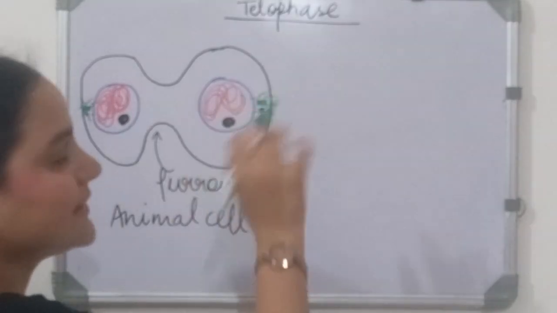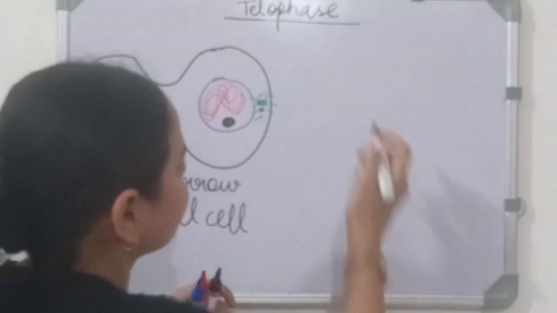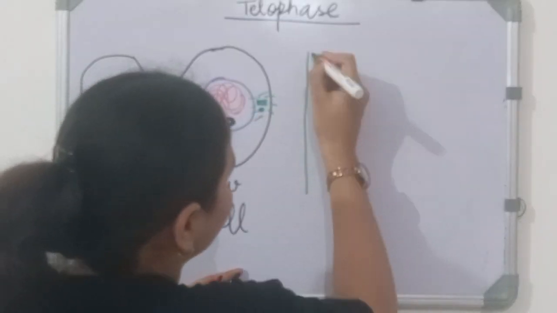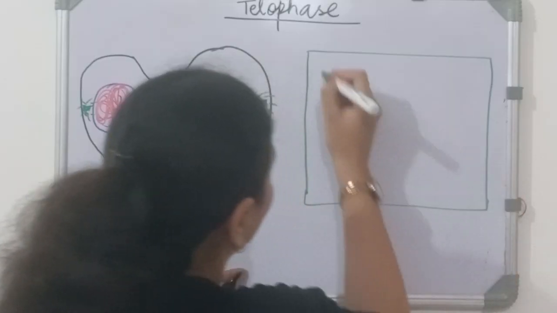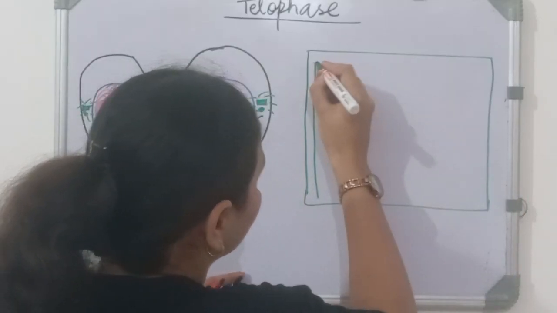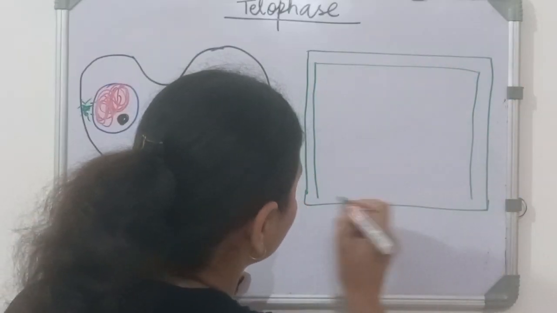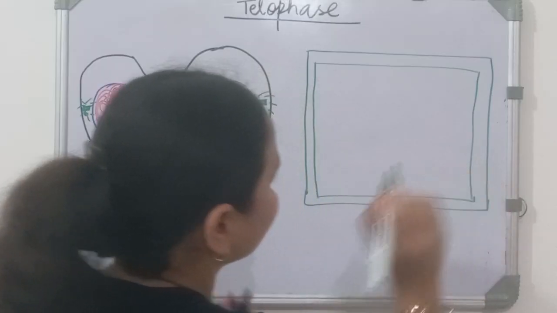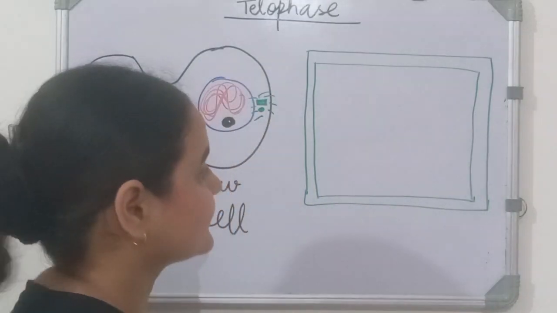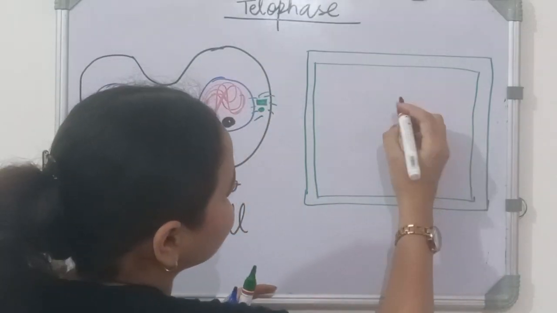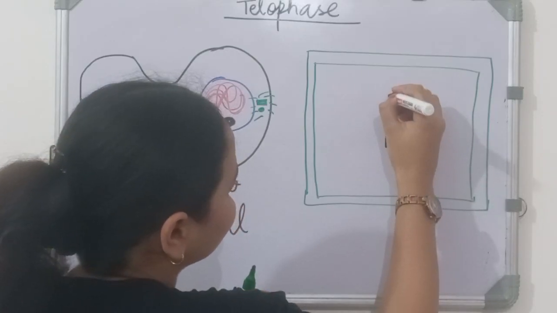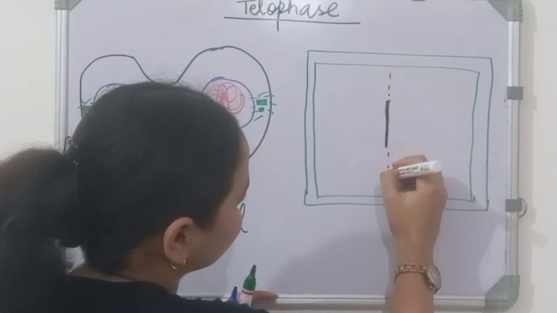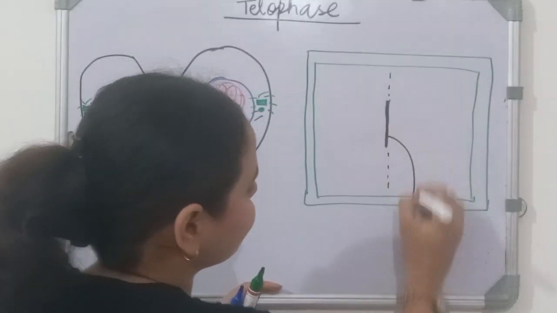Now let's see in case of plants. This is cell wall. This is cell membrane. So here you will see the cell plate being formed in the center. This is the cell plate, and it will grow towards the periphery.